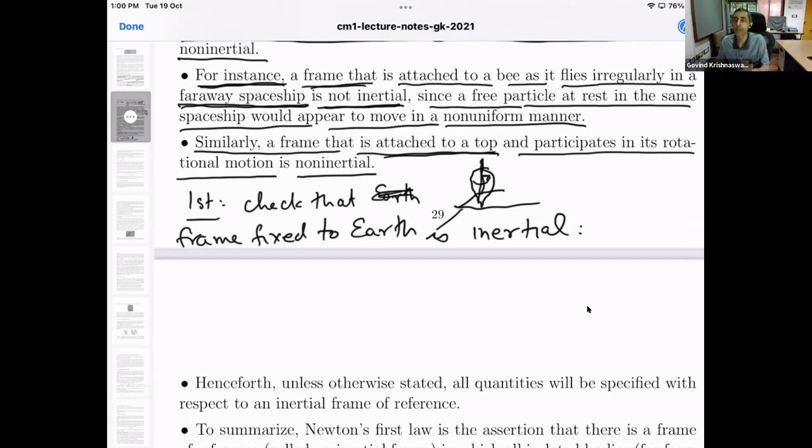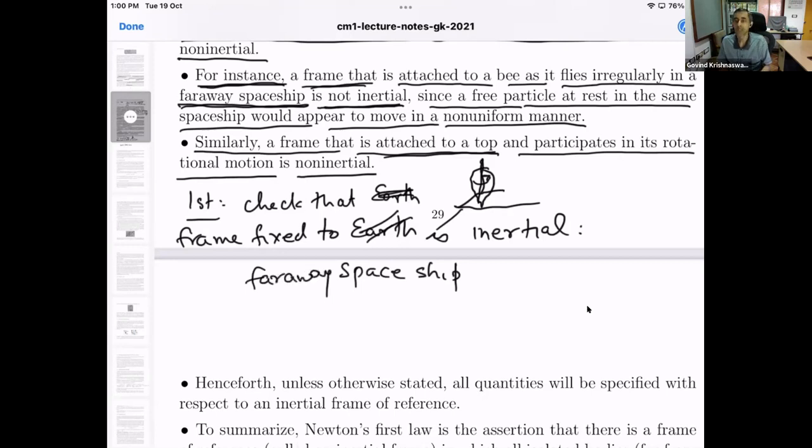Having checked that a frame is inertial, now I was using the Earth as an example. You can take the frame of the spaceship also. Suppose I'm sitting in a spaceship far away from everything else. I think that makes it more plausible. So let us take a frame fixed to a faraway spaceship.